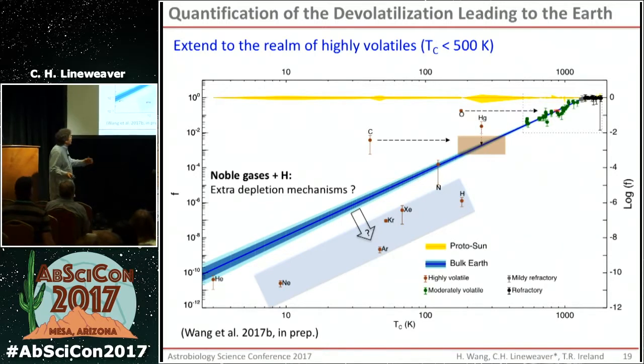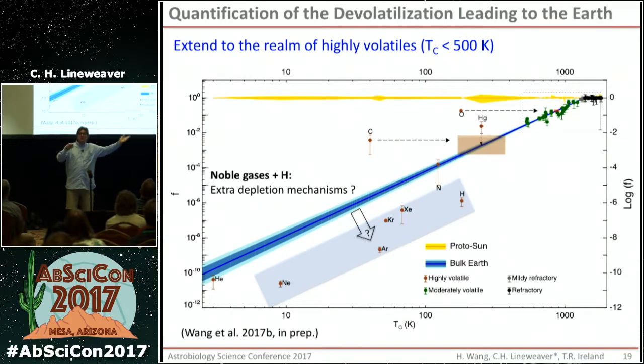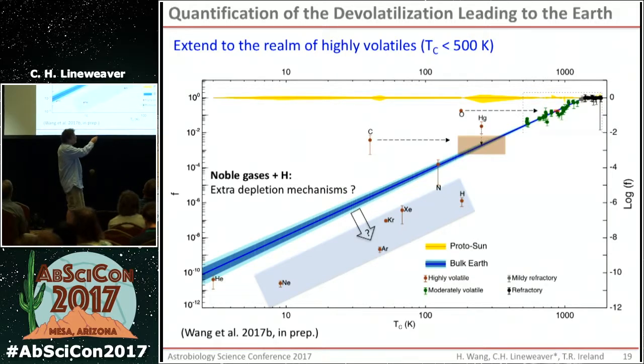What could be wrong? Well, what's wrong is that there is no measurement of photospheric mercury, so we just assumed it from the CIs, and when you do that, you get a miscalculation here. But I have 5 minutes, okay. So if you say, you know what, let's not assume that the mercury, this pretty volatile thing, is the same in CIs as in the Proto-Sun, then you bring this down to here, and you get much better accordance.